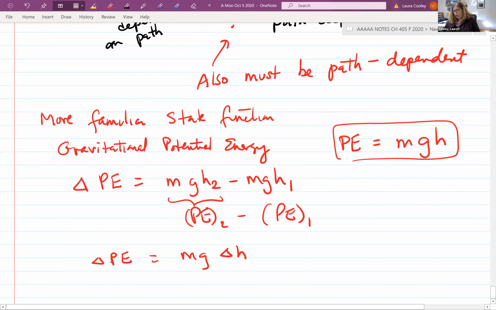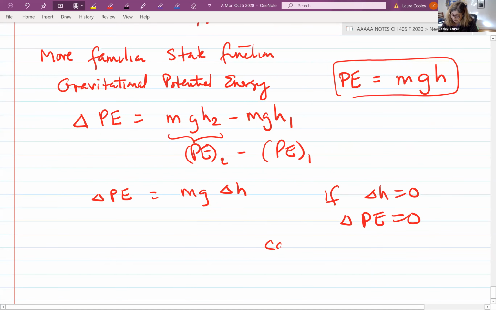So if I have a book on the table, let's say, and I pick it up and put it down, pick it up and put it down, and I do that like 100 times, the potential energy of that book on the table when I started and when I ended is exactly the same. If delta h equals 0, delta PE equals 0.